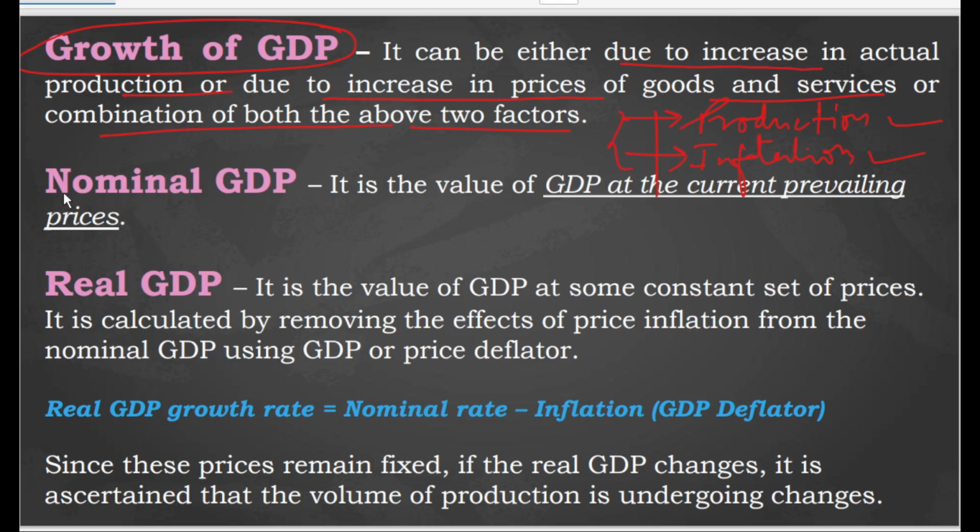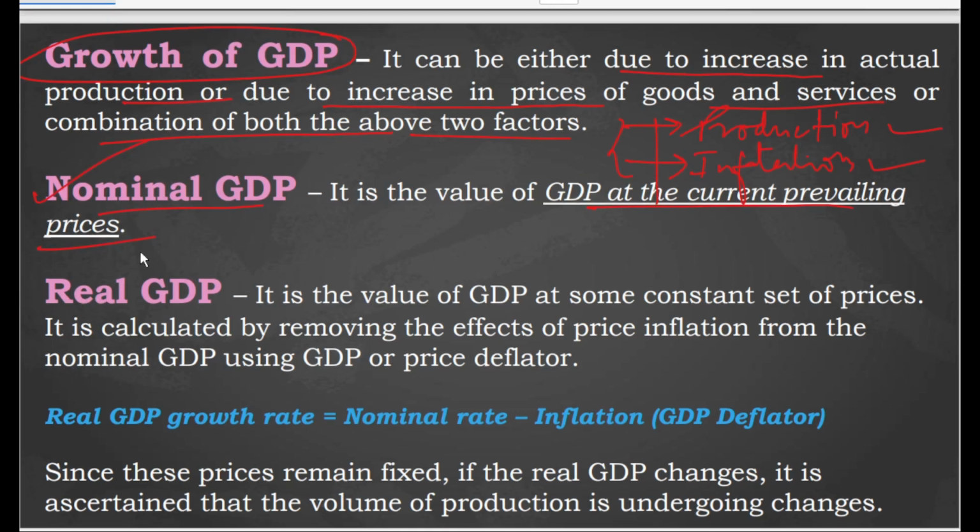Now let's see what nominal GDP is. It is the value of GDP at the current prevailing price. So if we calculate the GDP at the current price, then it is known as nominal GDP. Next is real GDP. Real GDP is the value of GDP at some constant price, right?